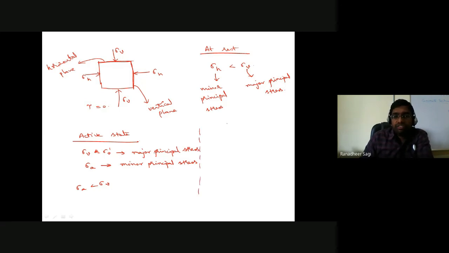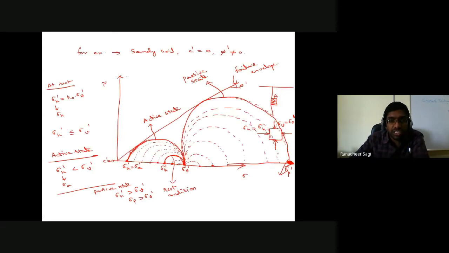And when it comes to the case of your passive state, which is my major principal stress and which is my minor principal stress? Here in the case of passive state, sigma V or sigma V dash is considered to be your minor principal stress. If you can recall from the Mohr circle what we have looked at, the minor principal stress value is your vertical stress. This is for your passive state of stress condition. Sigma V dash is the minor value, minor in the sense smaller value, and sigma P or sigma P dash which we have represented indicates the maximum value.